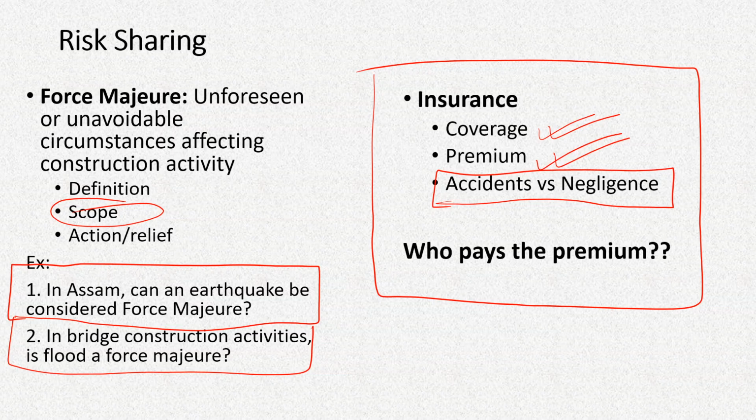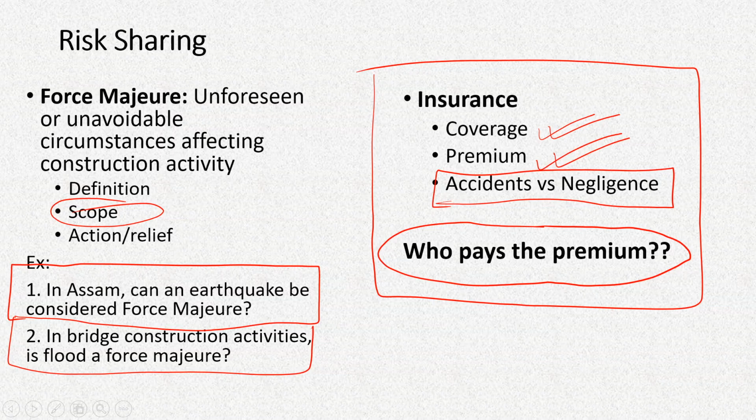And also, I'll leave this question open to you to check who pays the premium. Is it the contractor, or is it the client, or is it any other stakeholders such as investors?